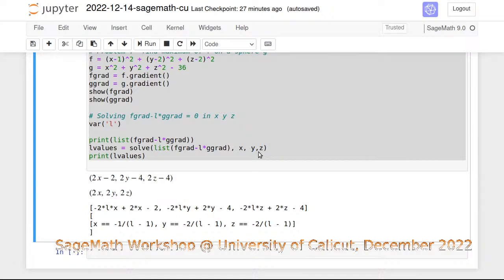And now we got x naught, y naught, z naught as minus 1 by L minus 1, minus 2 by L minus 1, minus 2 by L minus 1 as the values.